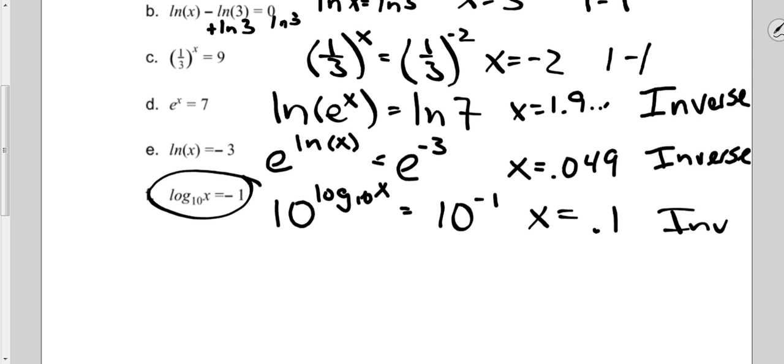The base to what power equals x, right? What we're doing here is just a different way of saying the same thing we've already said, right? It's just a different way of saying the same exact thing.